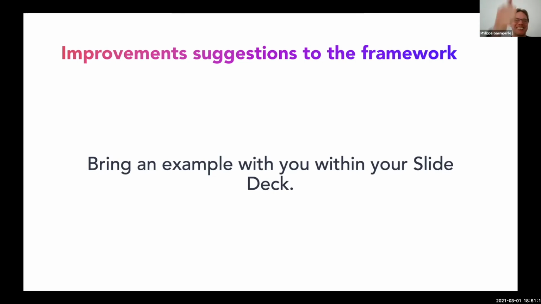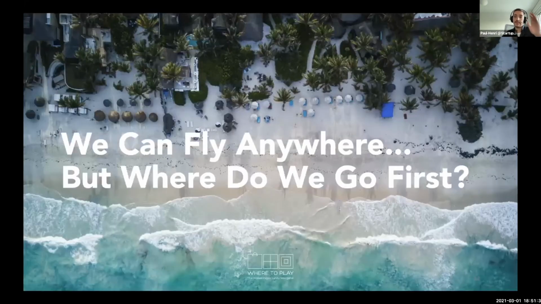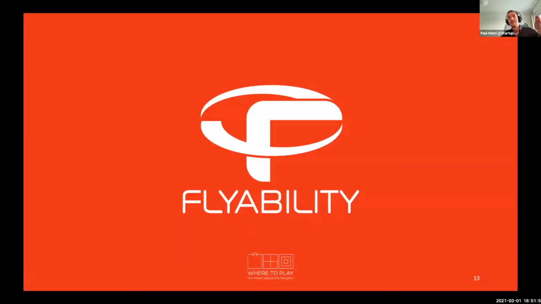I like that. So I discovered the Market Opportunity Navigator with Flyability. Because it's a Swiss startup and I'm living in Switzerland, it's a good connection. But actually, I always have these slide decks on my side, jumping on it during the presentation, because I don't get what this is at. So I have the case study within my PowerPoint, everywhere in my pocket. And I have those slides: Flyability, you know them, they created a drone.